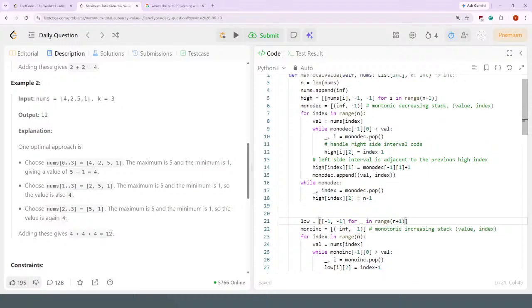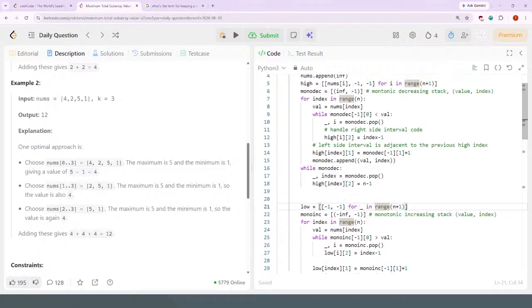Probably just pop before I sort for both the low and the high. That should be nums at i.